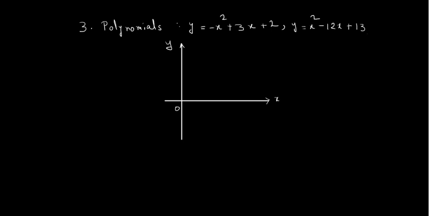This graph will be of y equal to minus x square plus 3x plus 2. This will be a parabola and will look like this.